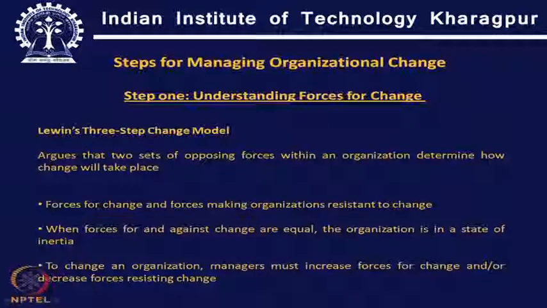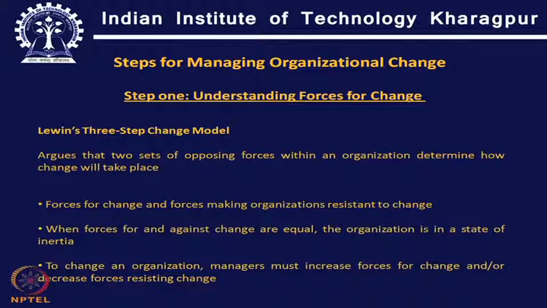Next, we look at the steps for managing organizational change, and there are six to seven steps. The first step for managing organizational change is understanding the forces of change.